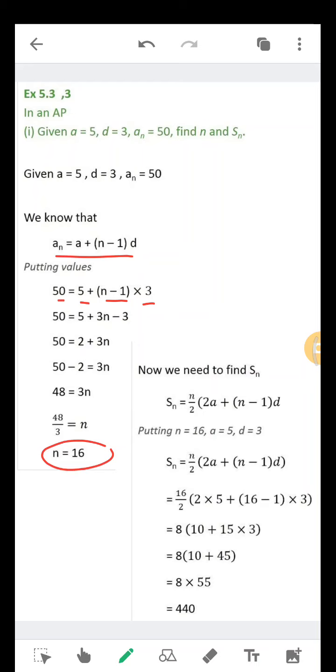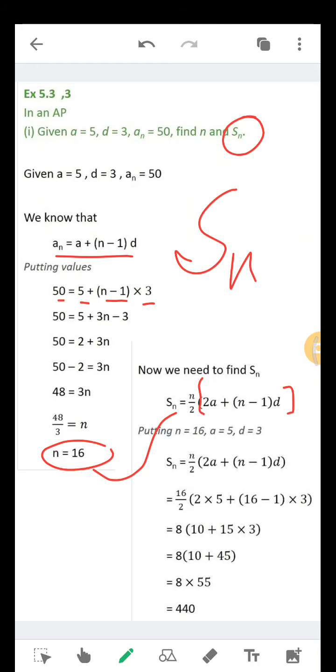Now as you got the n value, you can find the sum of those many terms, because he is asking to find Sn. So the Sn formula is n by 2 into 2a plus n minus 1 into d. So n is 16, so I'll find S16. S16 is equal to 16 by 2. Then substitute all the values. What are our a and d values?